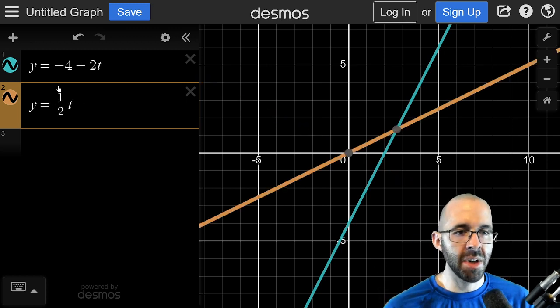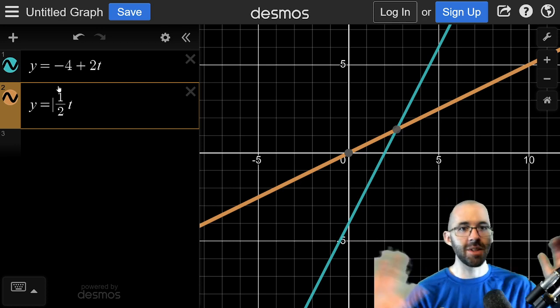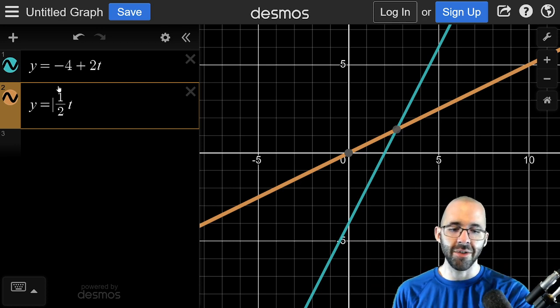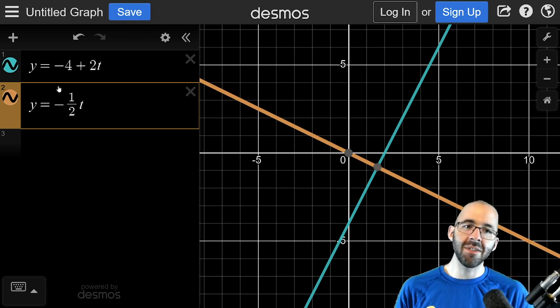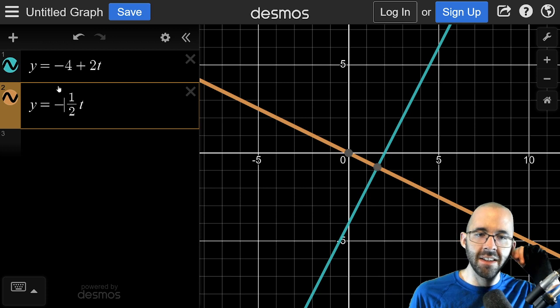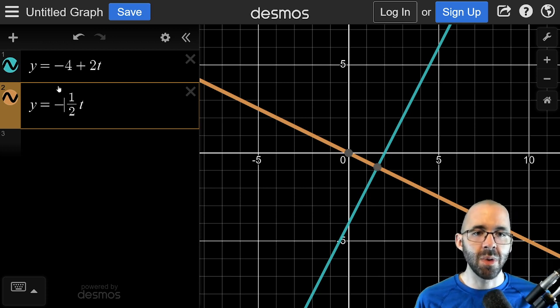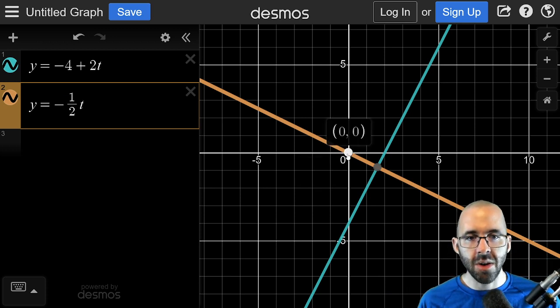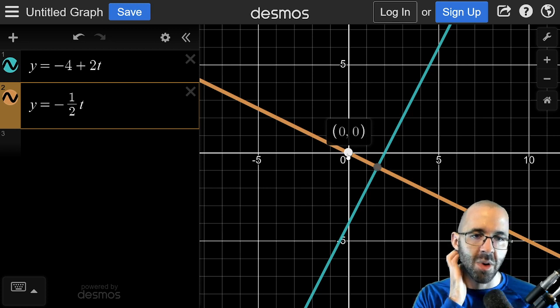Also notice I didn't put the negative at first. If this were the case, no, these are not perpendicular. I forgot the negative. Once we get the negative, yeah, you can see they really just cross fully diagonally, 90 degrees between them. And our orange line still goes through the right point. We need it to go through the point 0, 0.